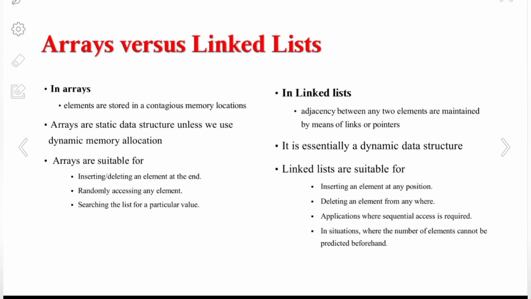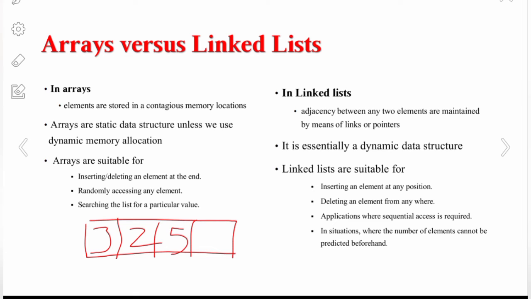So why are we going with the linked list? Suppose I am taking the case of an array with 4 memory locations. Okay, so here data is already inserted: 3, 2, 5. Here I want to insert an element, that is 7, in the particular array.